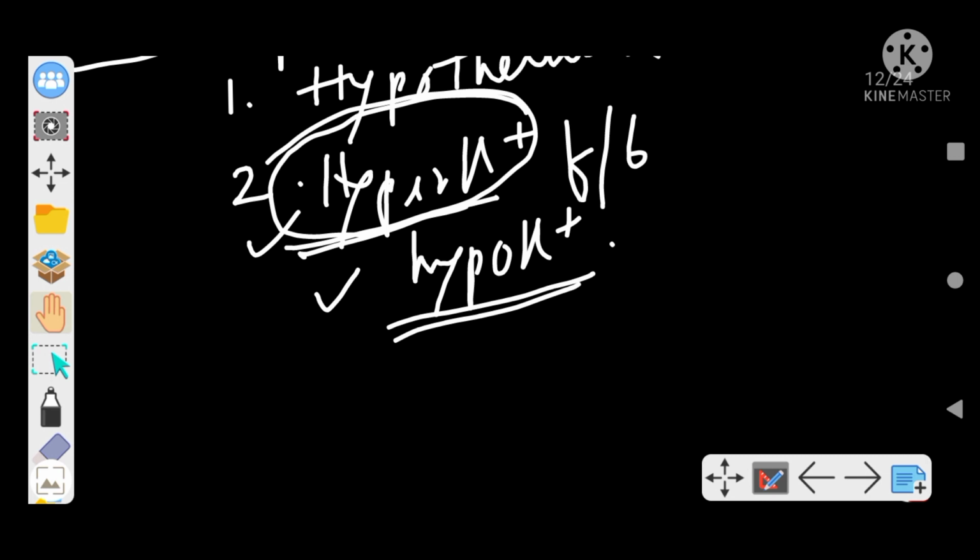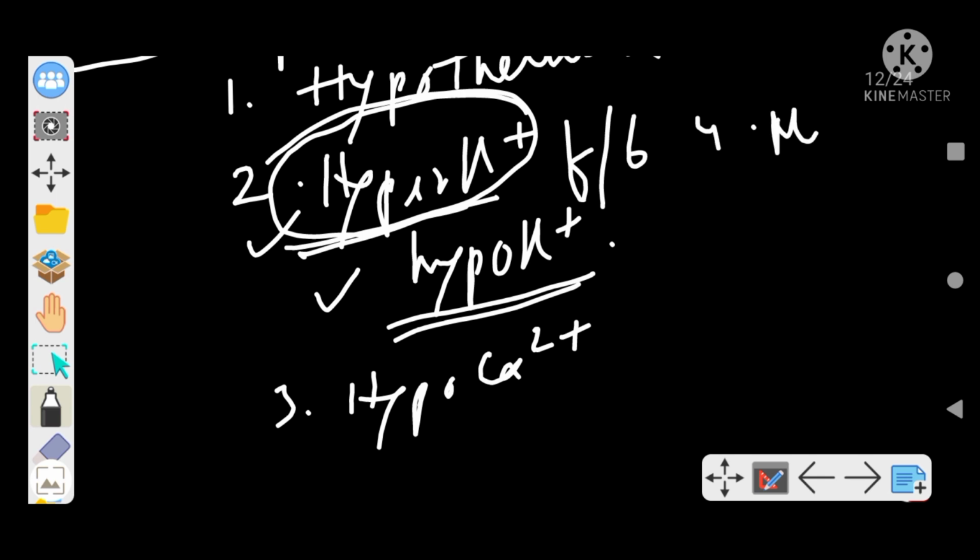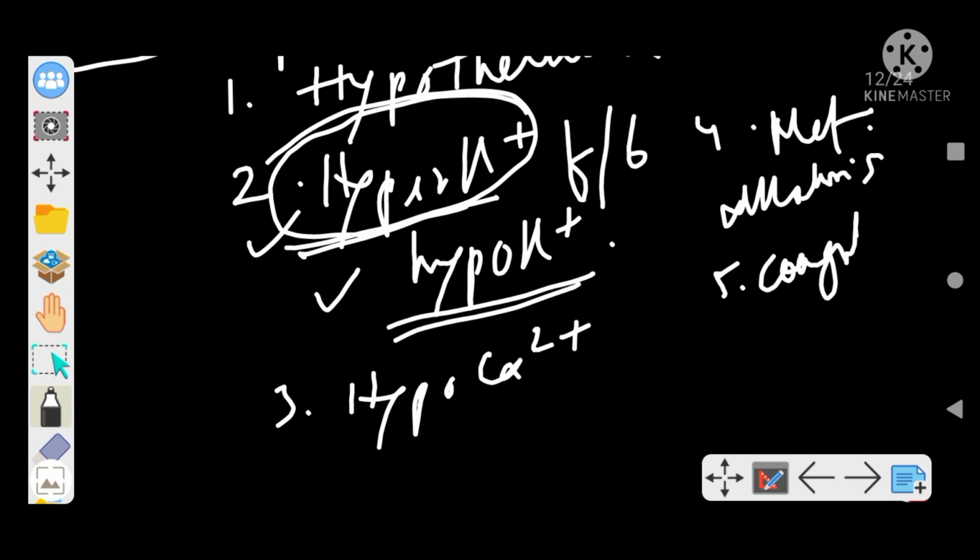So first we saw there is hypothermia, then hyperkalemia followed by hypokalemia, then there is hypocalcemia. Just now I mentioned everything is hypo, right? Then fourth is metabolic alkalosis. Why? Due to excess citrate, right? And there is coagulopathy. Coagulopathy is the most common cause of death, right?